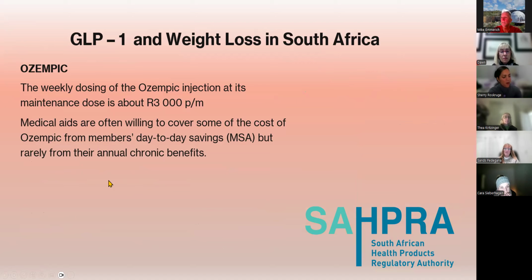So even if you're using the official stuff, Ozempic, pushed out by Eli Lilly, the weekly dosing, the maintenance dose is about 3,000 Rand per month. Medical aids don't cover all of it. And those who do, it comes out of your MSA. You can't even claim it from chronic benefits. So it's going to chew up your MSA if you're using a medical aid.